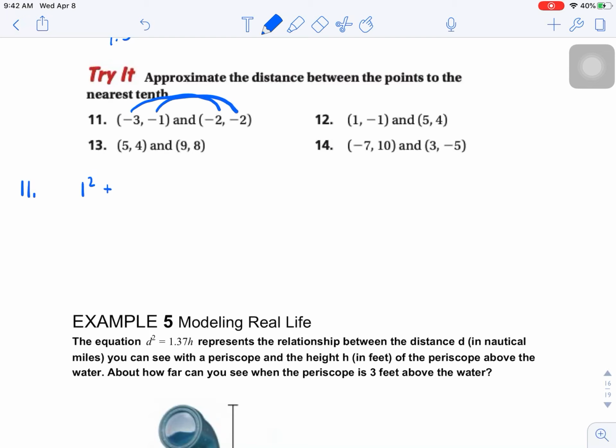The distance between -1 and -2 is also 1. So I get 2 is equal to c squared, so c is the square root of 2. And I actually know what the square root of 2 is. The square root of 2 is about 1.4.